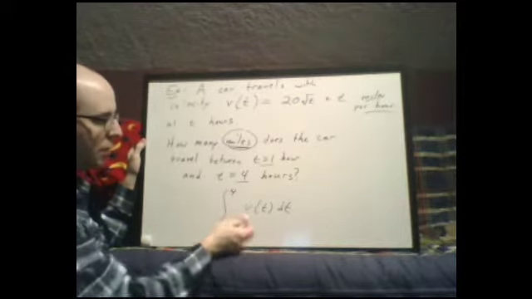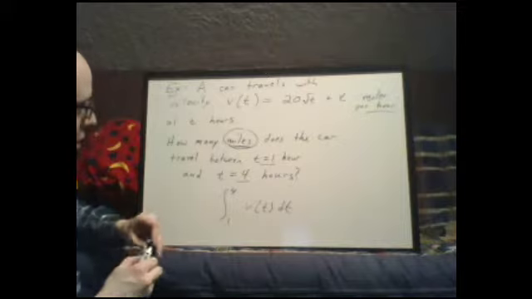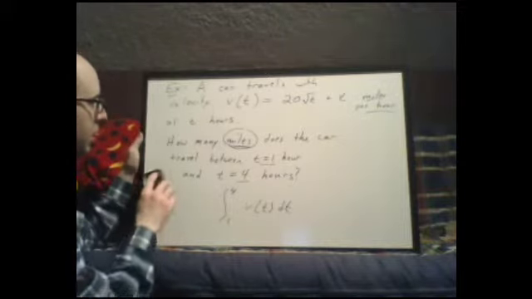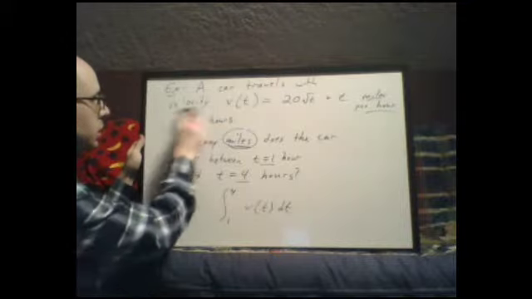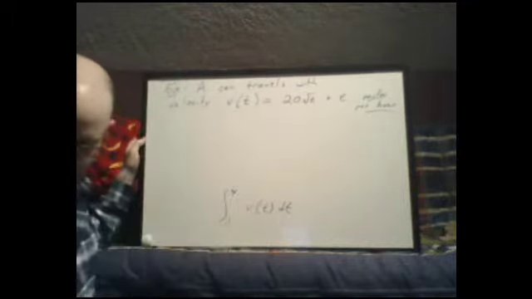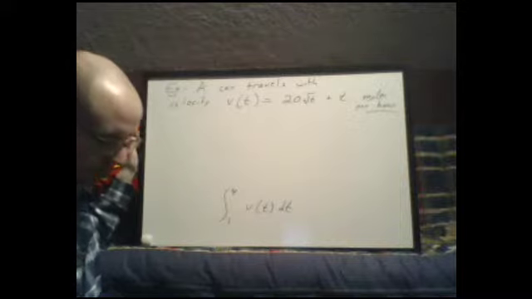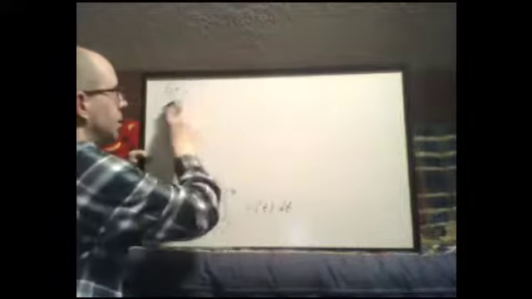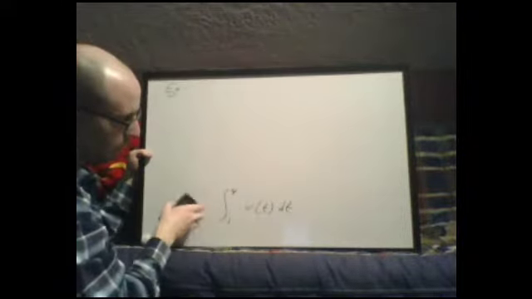So we're integrating v of t from 1 to 4. Let me erase the words here so I can get the function. So we're integrating from 1 to 4 our velocity function.